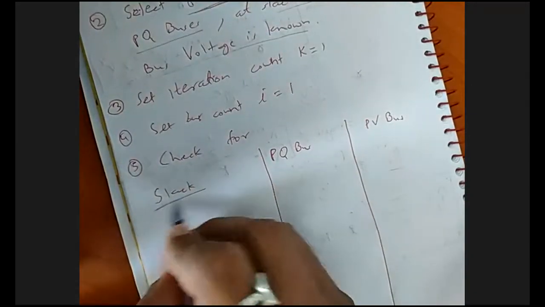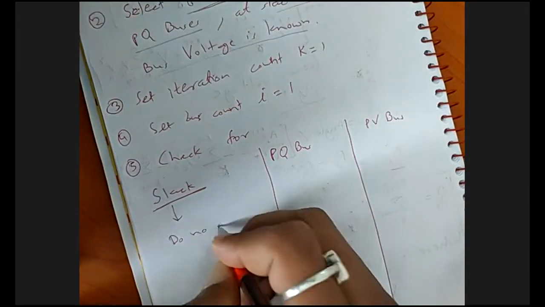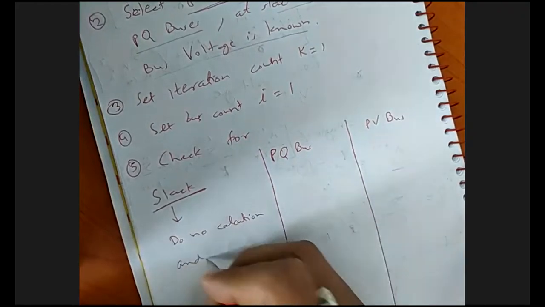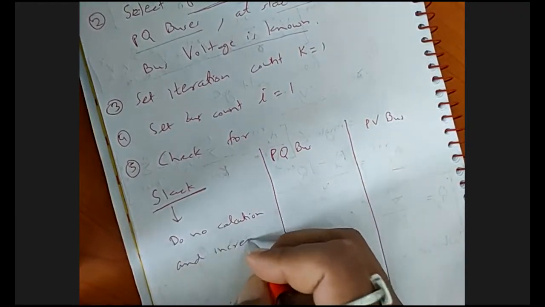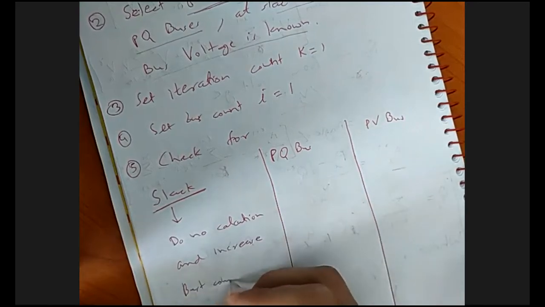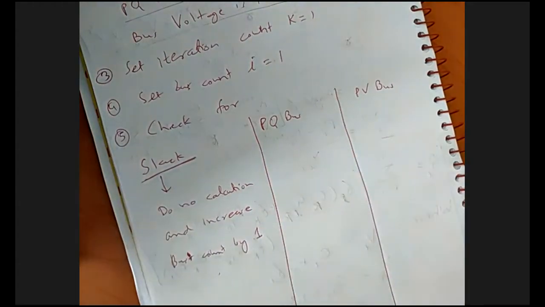If we have a slack bus, then we have to do no calculation and increase bus count by 1. If it is a slack bus, we directly reach the last stage where we increase the bus count by 1.